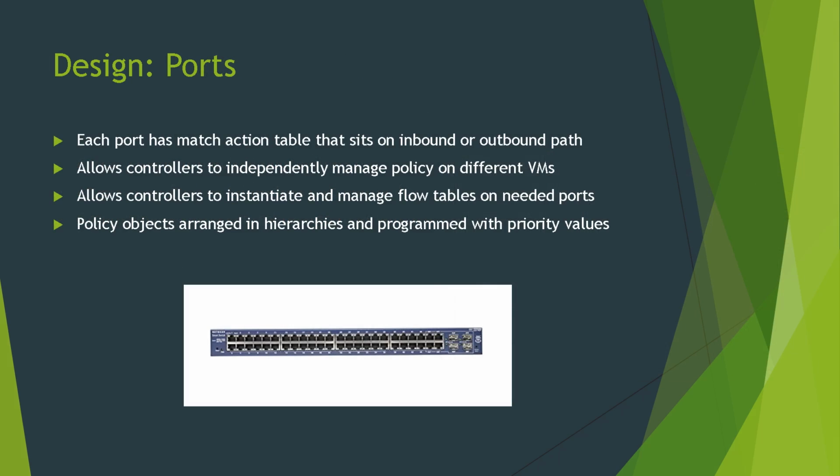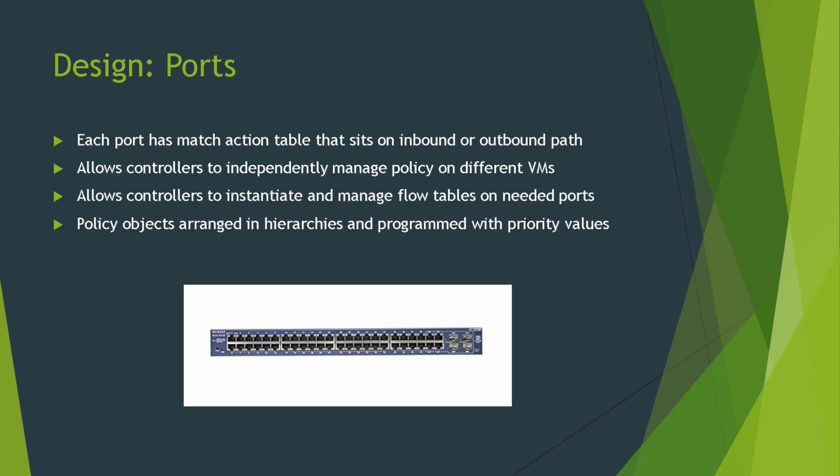All right, VFP policies are implemented on a per port basis. This clean separation of ports allows controllers to independently manage policy on different virtual machines and instantiate and manage flow tables only on ports where they are needed.